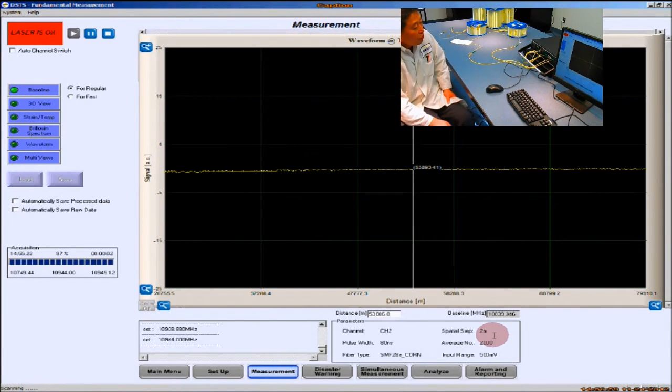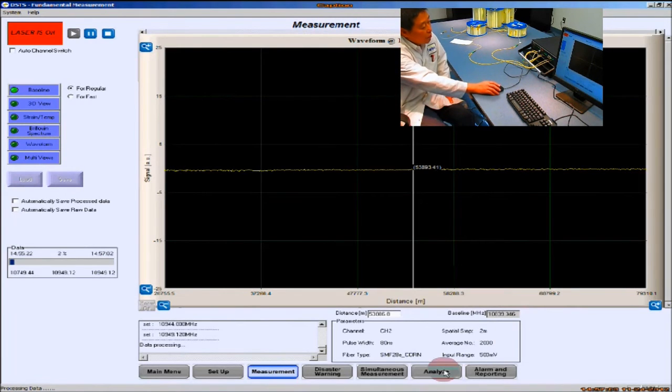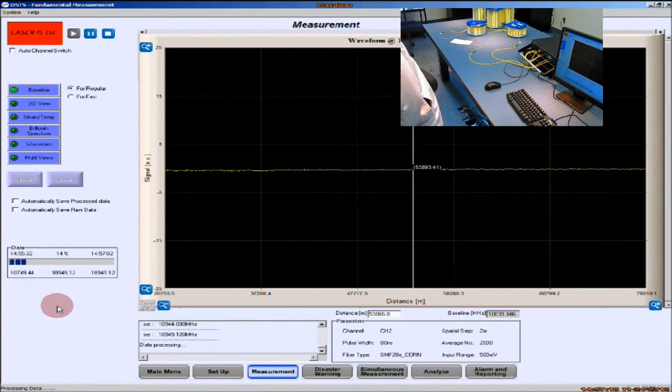We've just about finished taking our baseline reading. The computer will now do the calculation, and in about 20 seconds you will see the result.